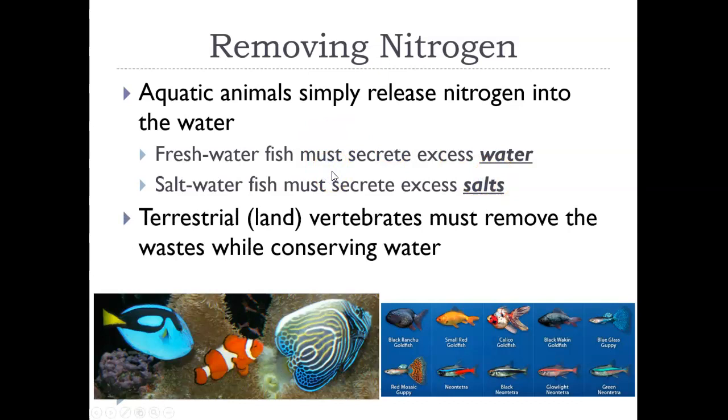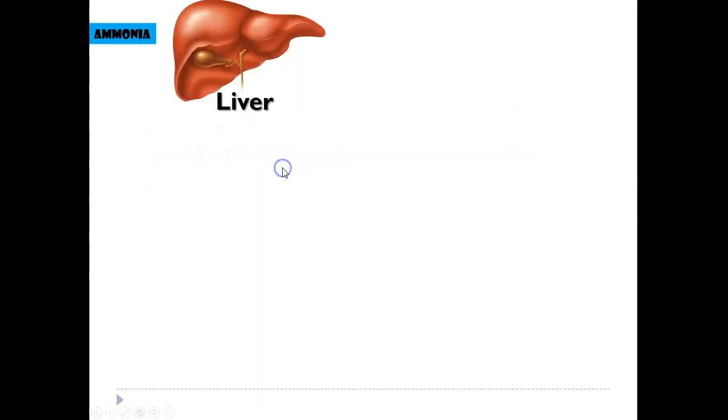Whereas terrestrial land vertebrates, us humans, right, along with other animals on land, we must remove waste while consuming water because we don't have that option of being in water. So we're drinking water, conserving water, and also using that to get rid of the waste.